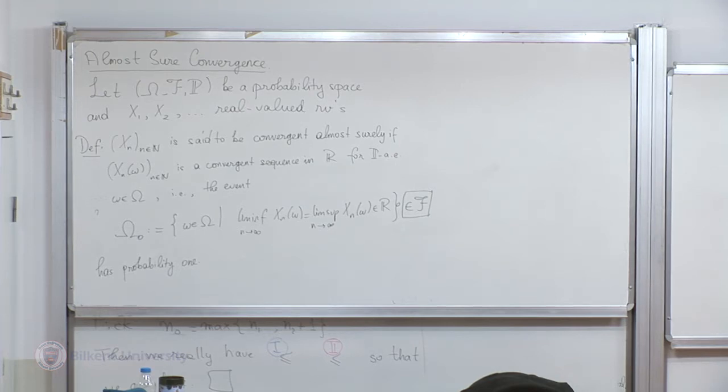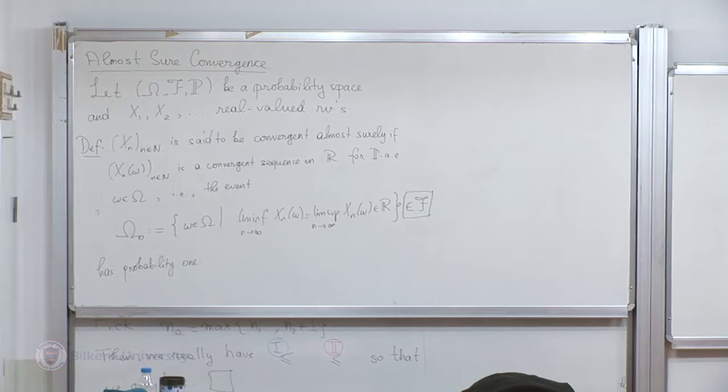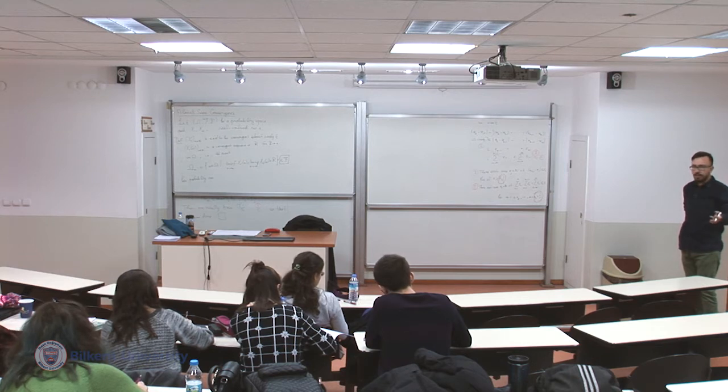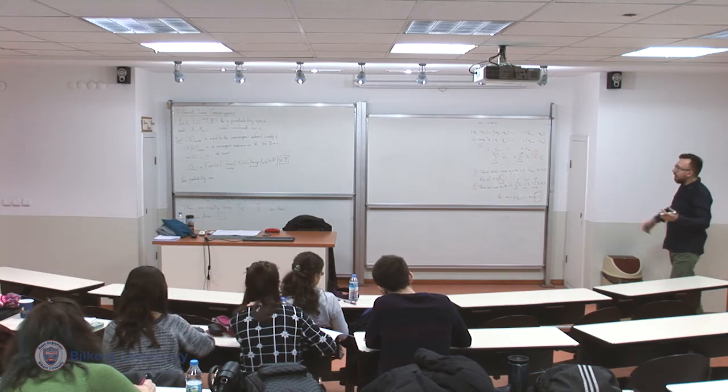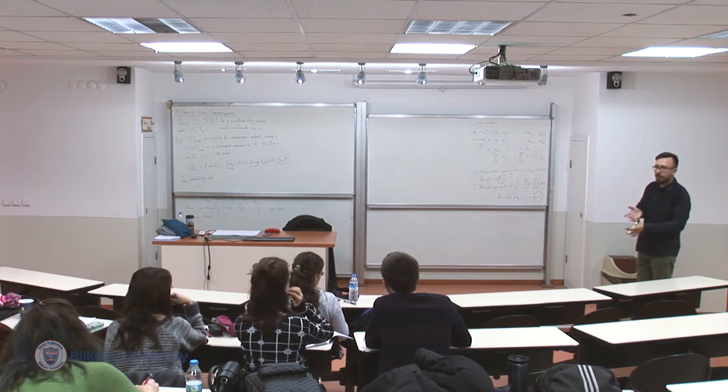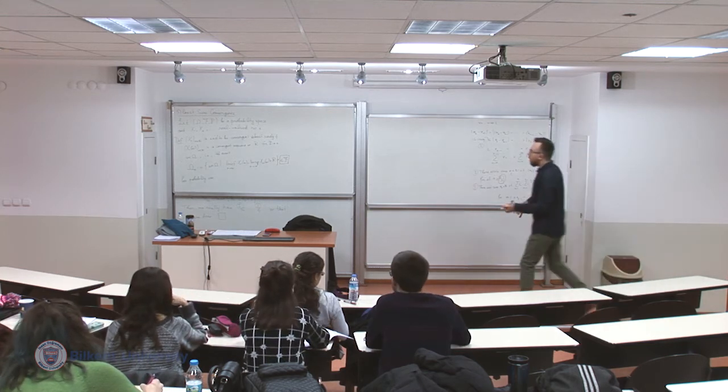We did, right? We showed that inf is measurable, sup is measurable, liminf, limsup, they are measurable. So if they are equal, the limit is measurable. And also we know that if you have two random variables x and y, the event that x equals y is also measurable, a measurable set. Therefore, liminf is measurable, limsup is measurable. So the event that they are equal is a measurable set in F. So this is by chapter 2.